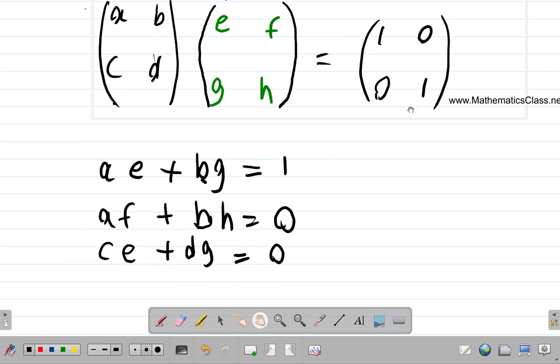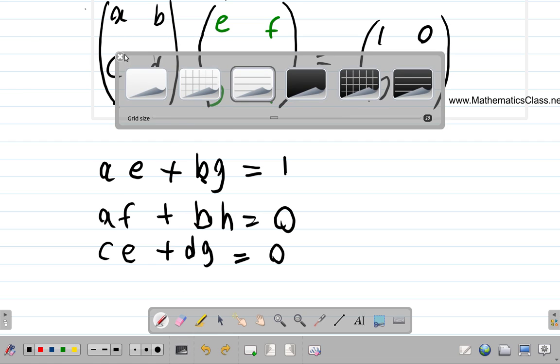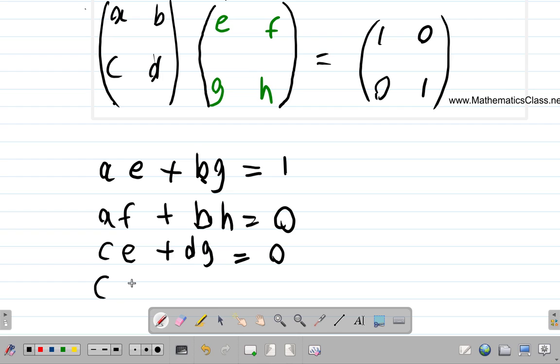Then this 1 is in row 2, column 2. So we must multiply row 2 by column 2. So the first elements are multiplied, CF, plus the second elements multiplied, DH. And all of that is equal to 1.